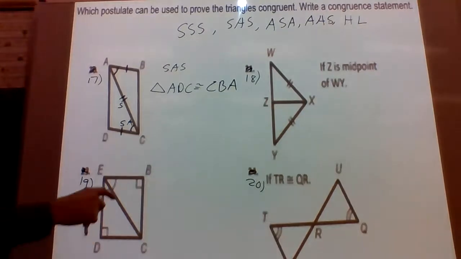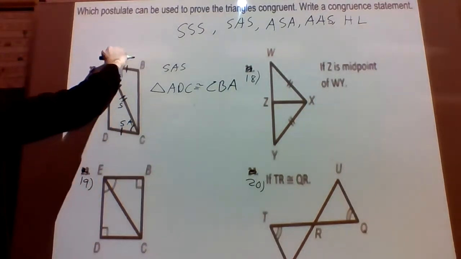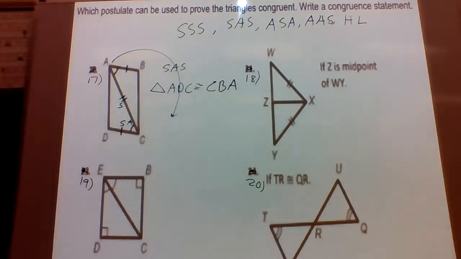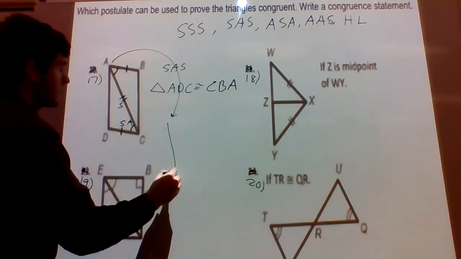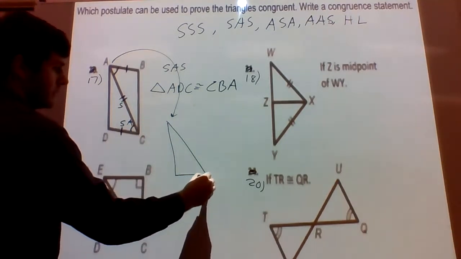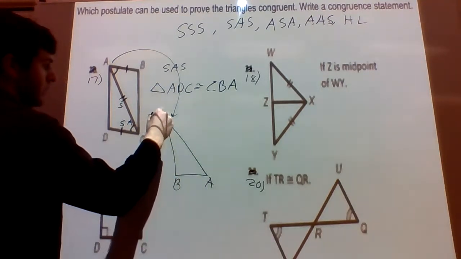If we draw it out, we have to imagine rotating the top triangle here. So we rotate the top triangle. We end up with A down here, B down here, and C up here.